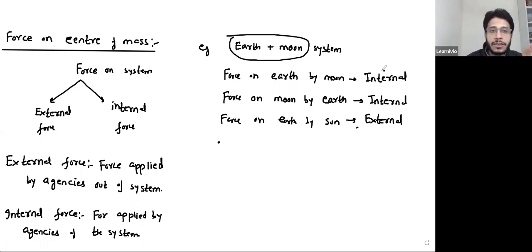Moon can have acceleration due to this internal force. But the center of mass of Earth-Moon system will not move due to internal force. These internal forces cannot affect the center of mass of the system. The effect on center of mass of the system is by external force only. So I'm writing this statement.